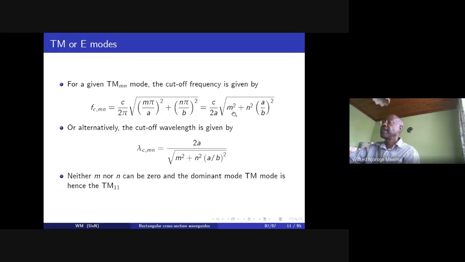Assume that A is approximately twice B, so use the value of B to get the value of A by multiplying by 2, and then draw or give a table of the cutoff frequencies in terms of the fundamental or dominant mode frequency, c by a, for m varying from 1 to 4 and n equal to 1 to 4. Put it in a table, then you'll see what happens.